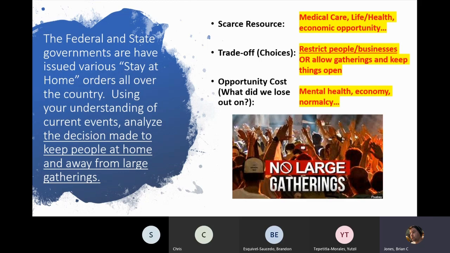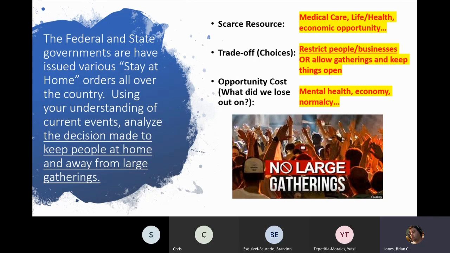So the trade-off, of course, would be to stay home, restricting people and businesses, versus allowing life to return to normal, allowing gatherings and keeping things open. That would be the alternate choice. So here's where you can look at the other side of the argument.